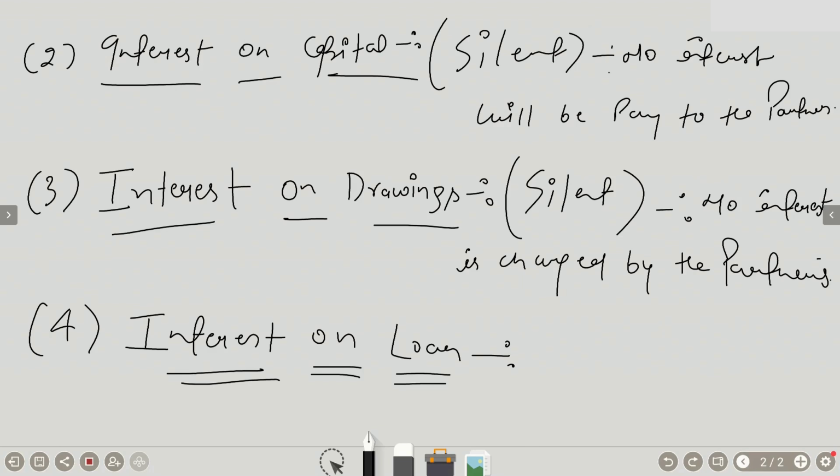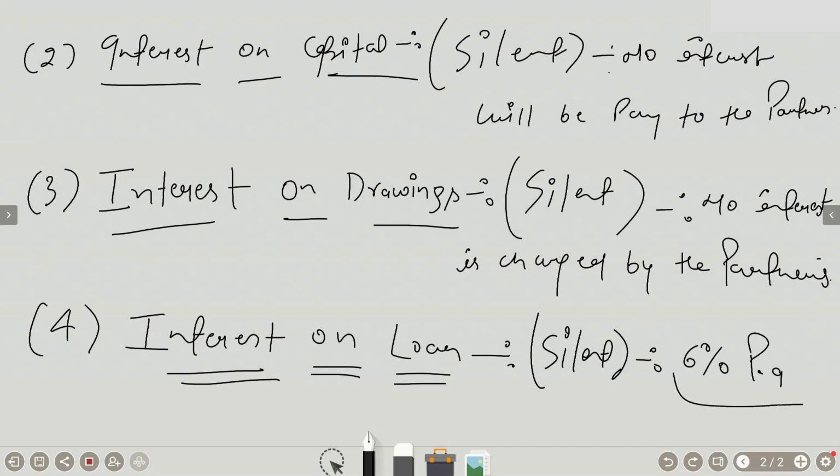So, if any partner gave loan to the firm, that partner will get interest at the rate of 6% if the partnership deed is silent. 6% per annum.